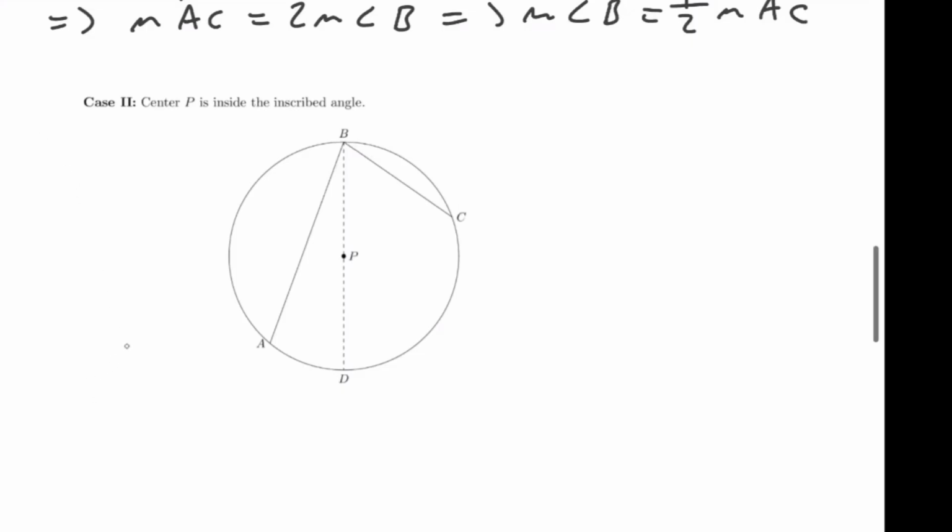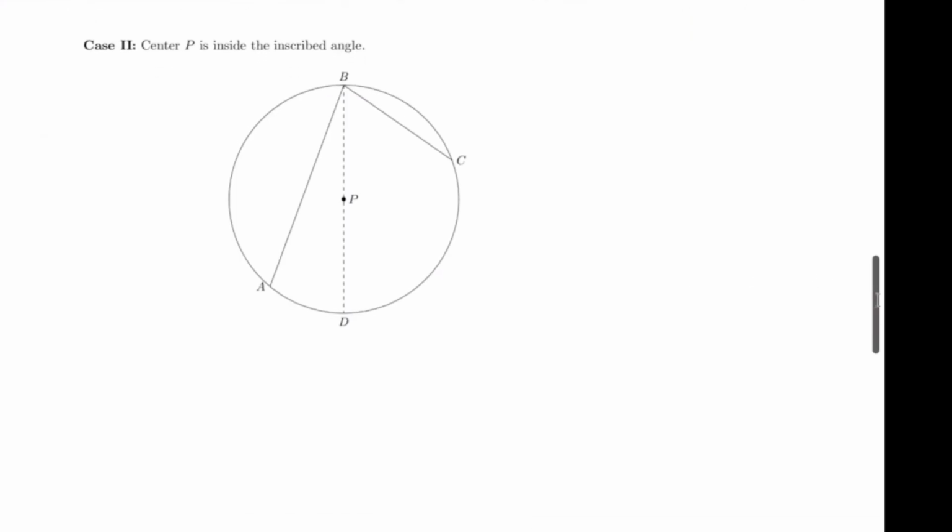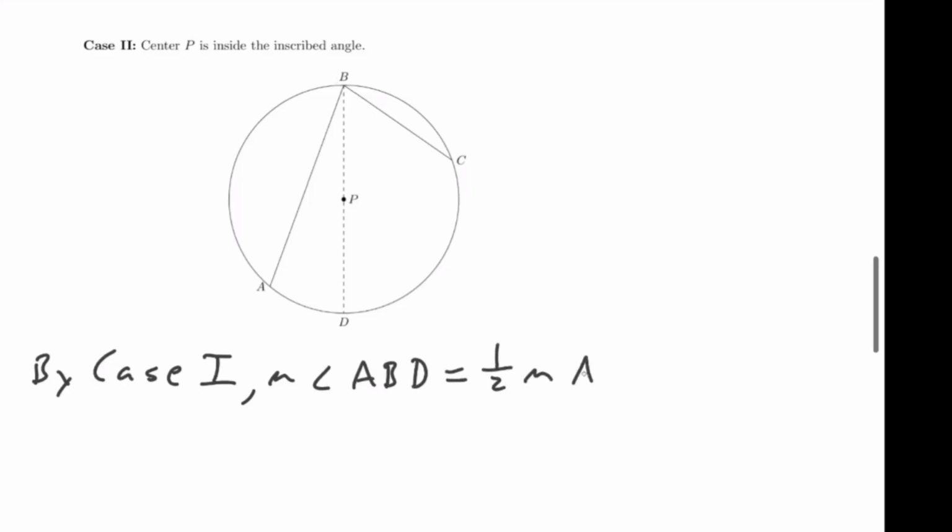By case one, I know the measure of angle ABD is equal to 1/2 the measure of arc AD, because we proved in case one that if one of the sides of the inscribed angle is the diameter, then this angle is equal to half of its intercepted arc.